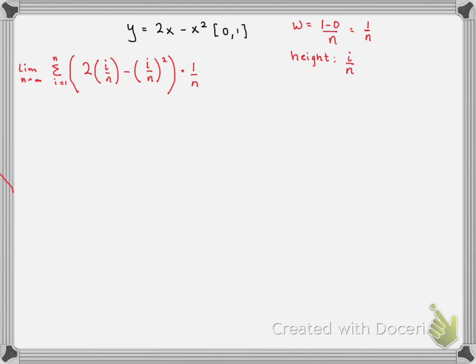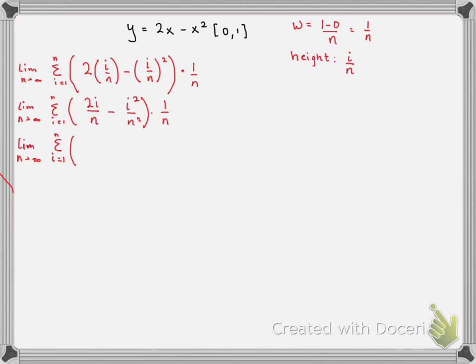Okay, so we can do the multiplication now. We have the sum from 1 to n of 2i over n minus i squared over n squared times 1 over n. Very, very simple algebra. Then continuing, we will distribute the width into each one of those approximations of the height.